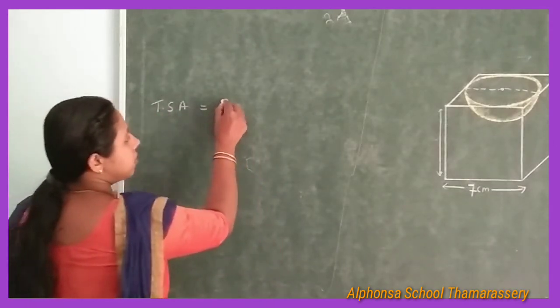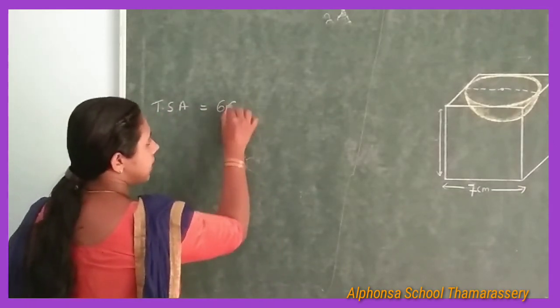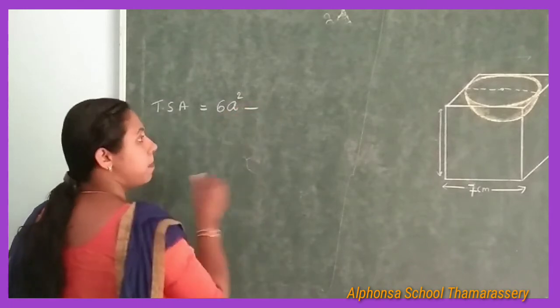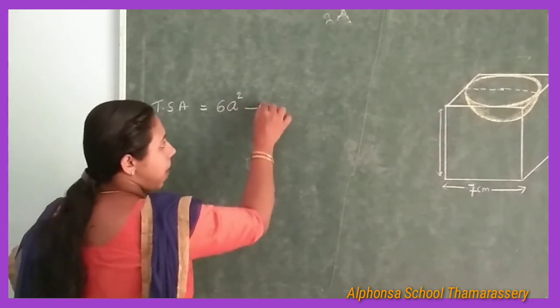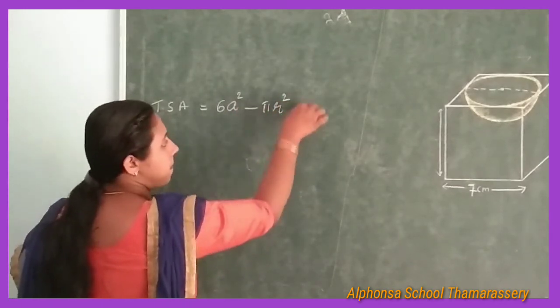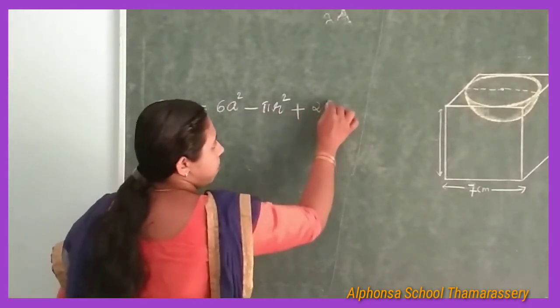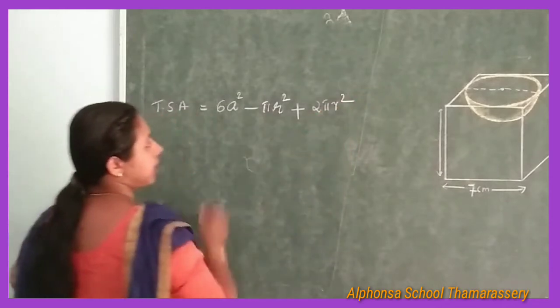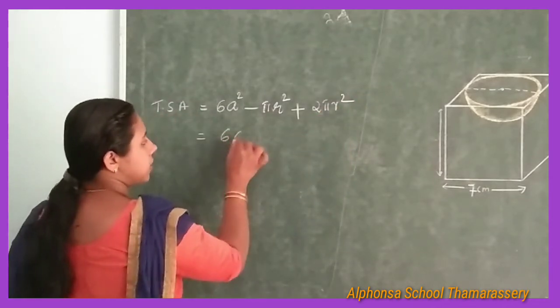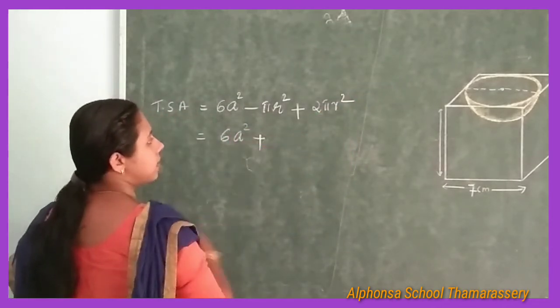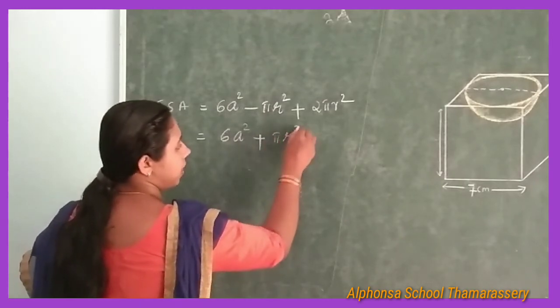So total surface area of cube is 6a square minus base area of hemisphere is pi r square plus inner curved surface area of hemisphere is 2 pi r square. That is equal to 6a square plus pi r square.